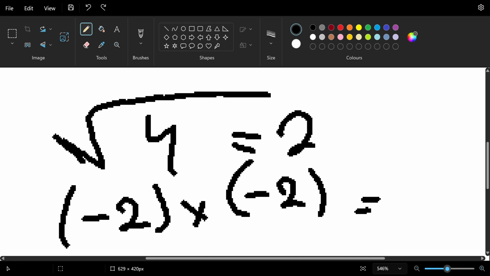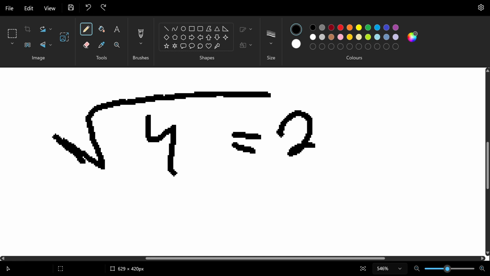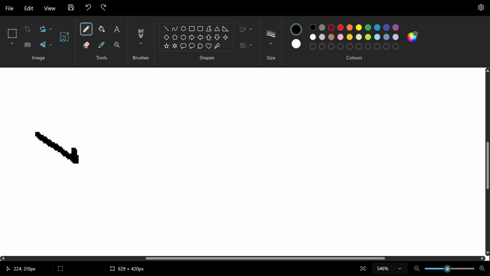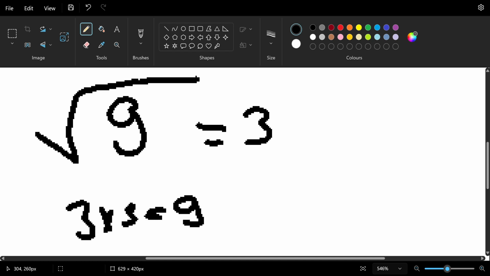So we can say that the square root of 4 is equal to 2 and negative 2. The same analogy can be applied here. What can be the square root of 9? The square root of 9 is 3 because 3 times 3 is 9, or 3 squared is equal to 9.